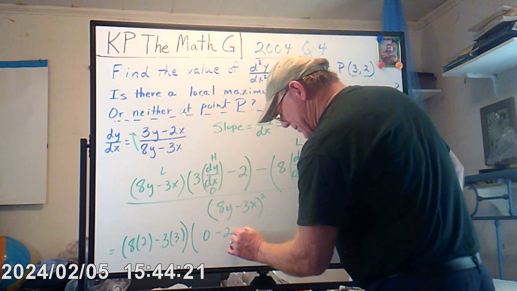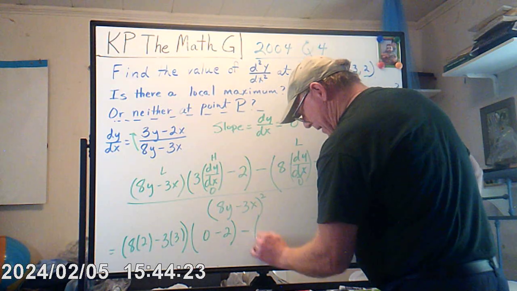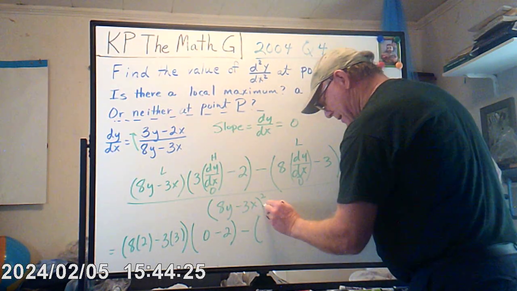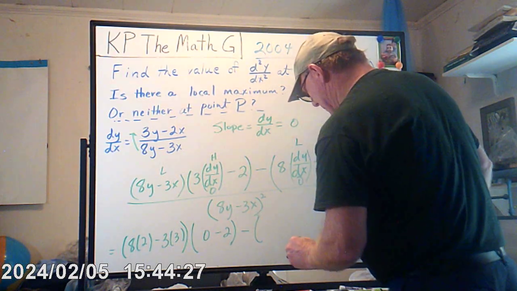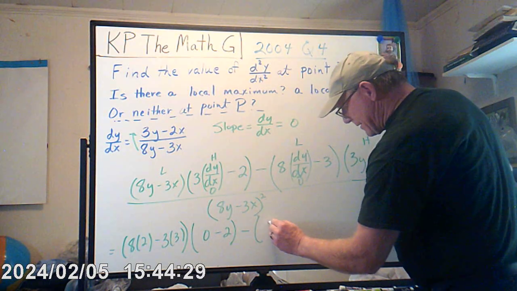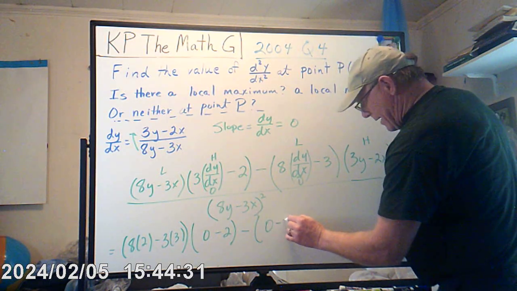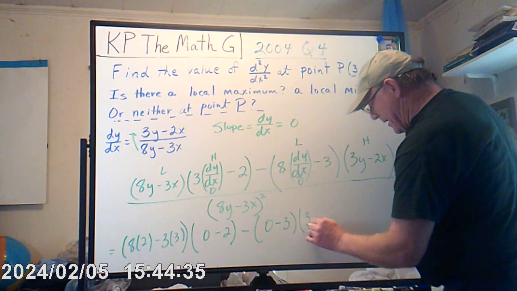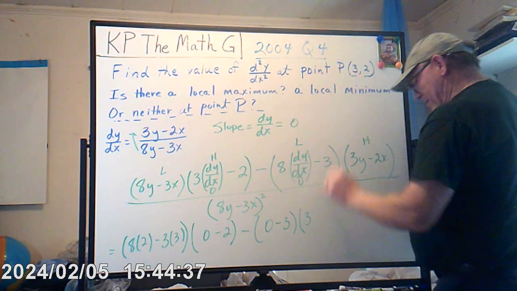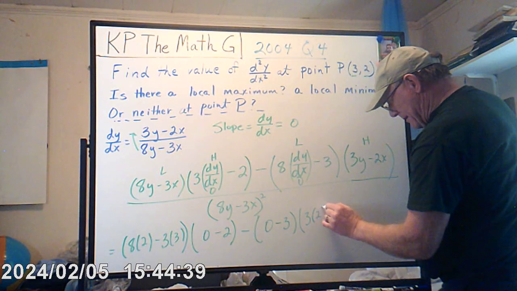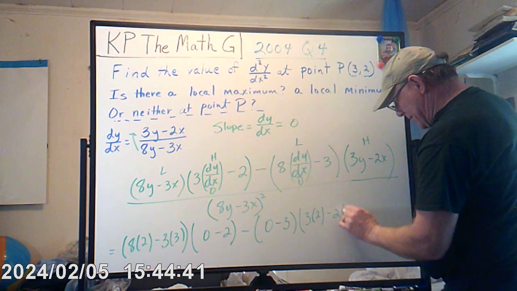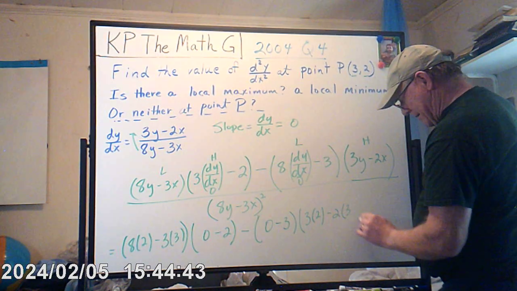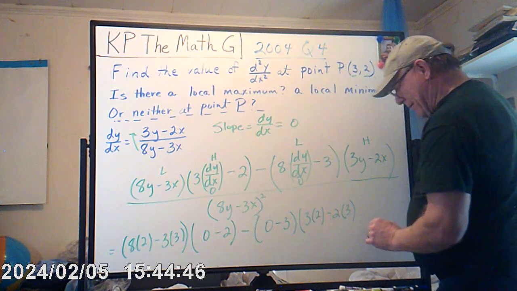So 0 minus 2, minus sign. This is 8 times 0, which is 0, minus 3 times 3, times 2, minus 2 times 3, right there.